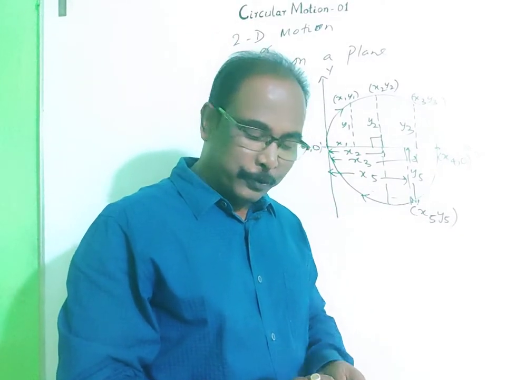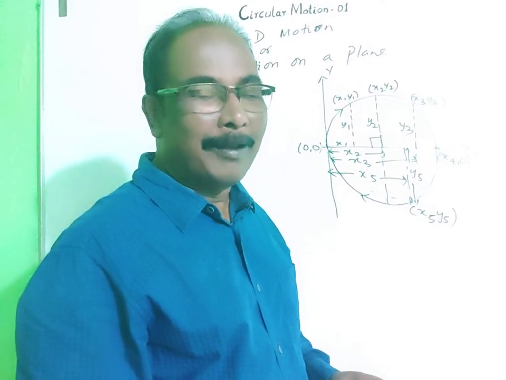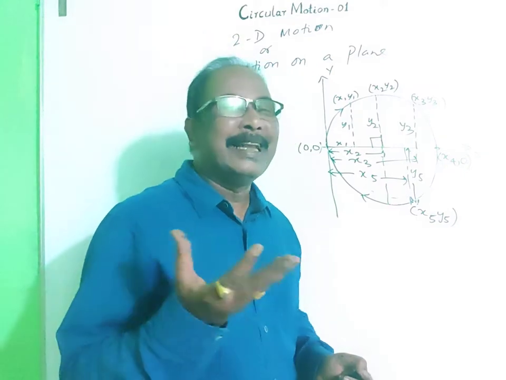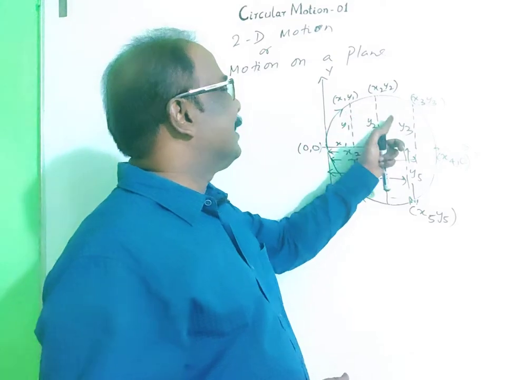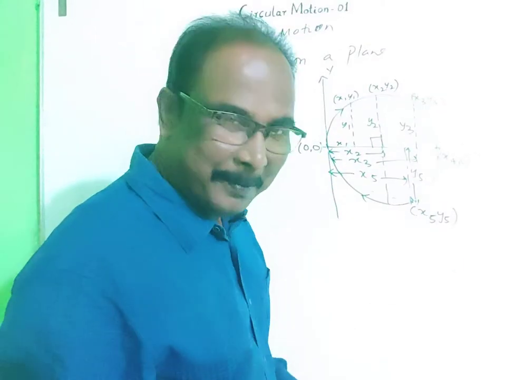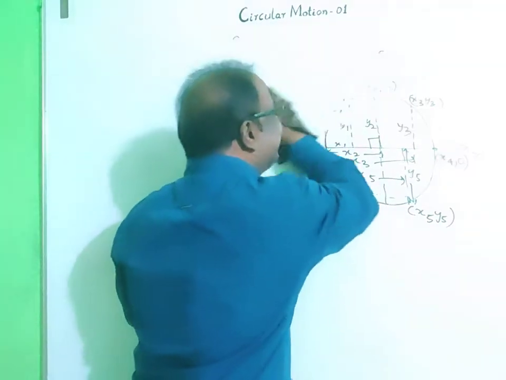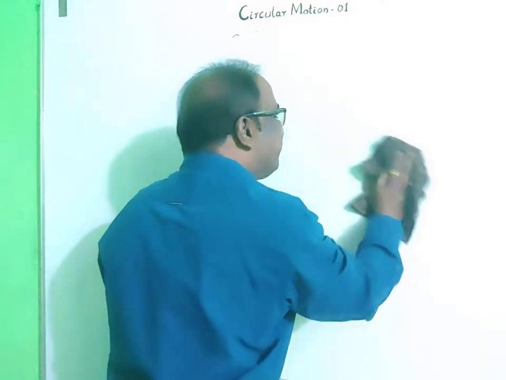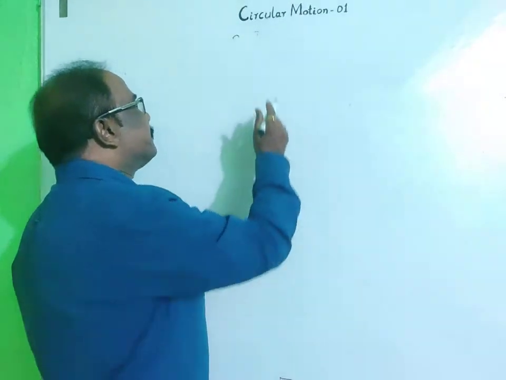So both values, means distances along x-axis and y-axis, are changing. So this is motion on a plane or two-dimensional motion. Okay. So this is about circular motion, how it moves on a plane or how it is a two-dimensional motion, then fundamental definition.